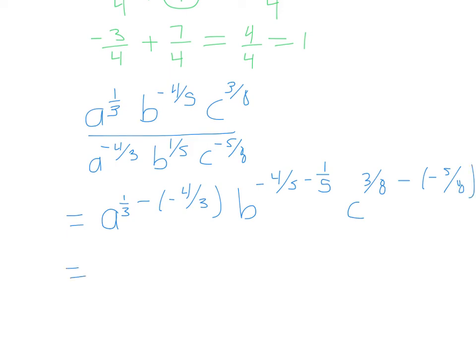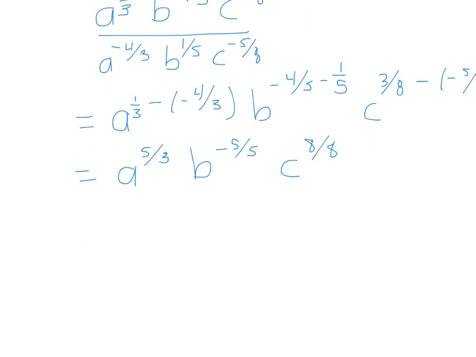So doing that subtraction, we get a to the positive 5/3. We get b to the negative 5/5, and c to the 8/8. So one more round of simplifying here.